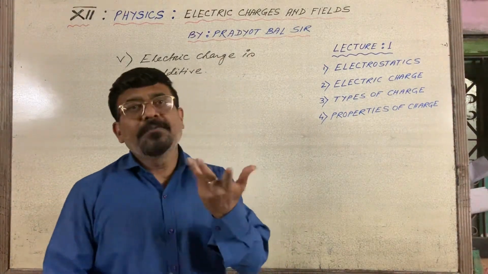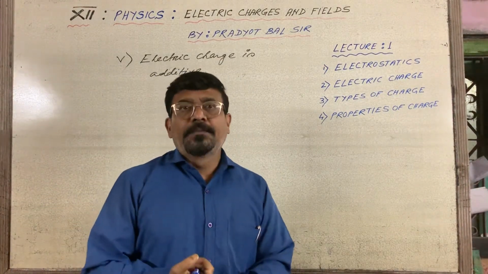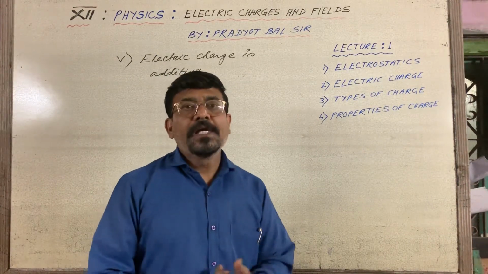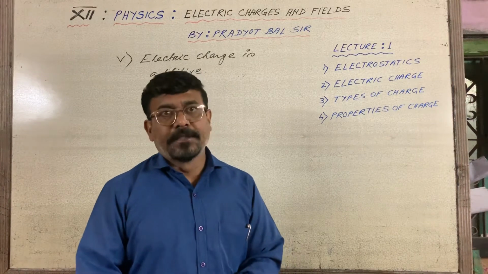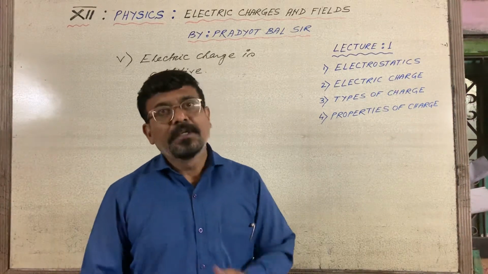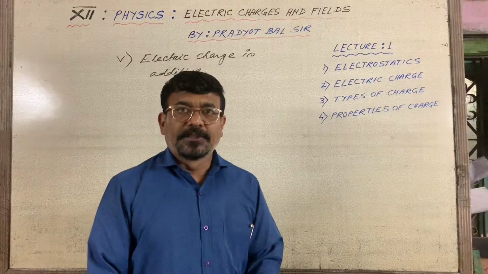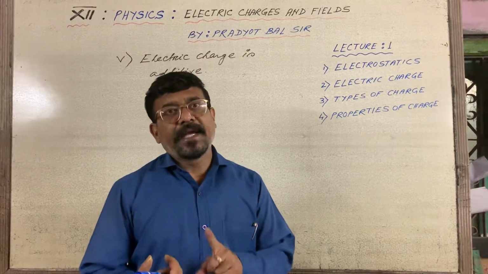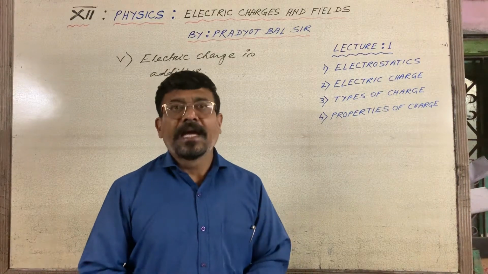That means what? Additive, we all know. Addition can be done in different ways, there are vector additions and other additions, but in general we are adding algebraically. When anything is added algebraically, we can say that it is additive.